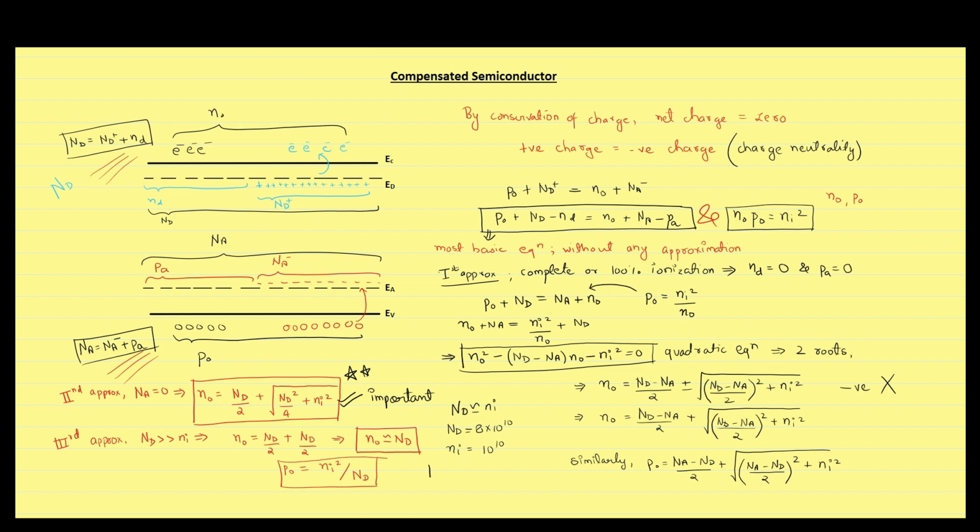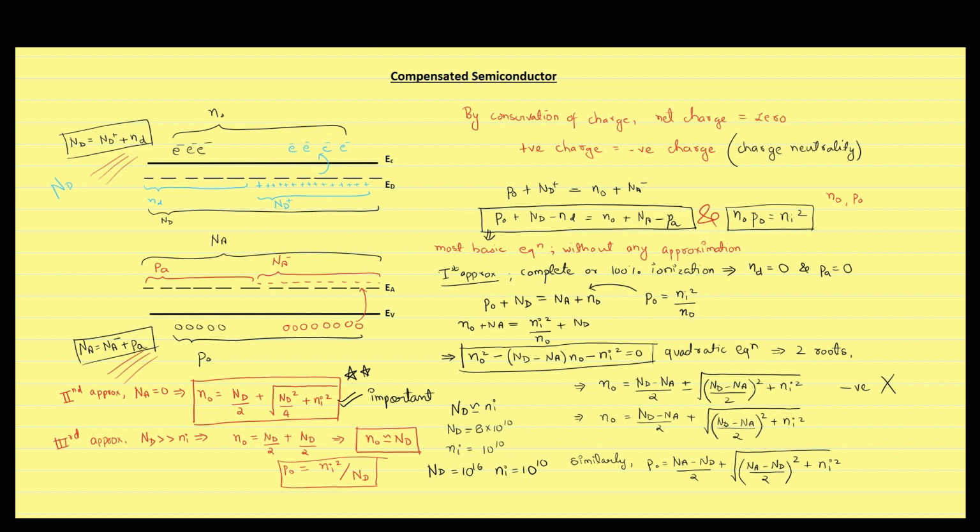Generally, ND is of the order of 10 to the power 16 and Ni is of the order of 10 raised to the power 10. In such cases, when Nd is significantly greater than Ni, it is okay if you put the free electron concentration equal to doping concentration.